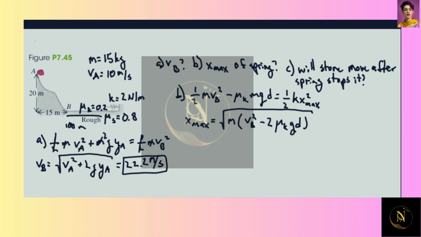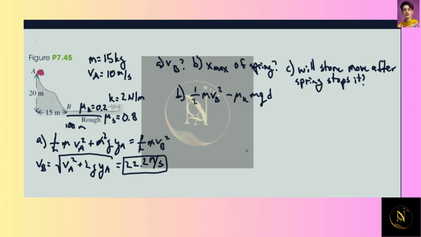Well, that is what it will be, but everything I just said is mostly true, except the friction still applies while the spring is being compressed. So in fact, we end up having to solve a quadratic equation because now we have x squared and x.